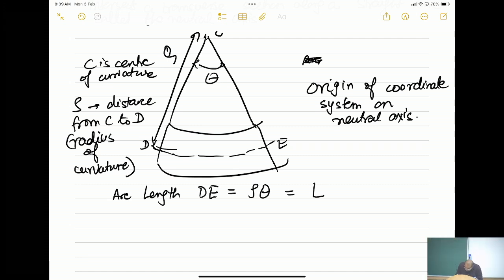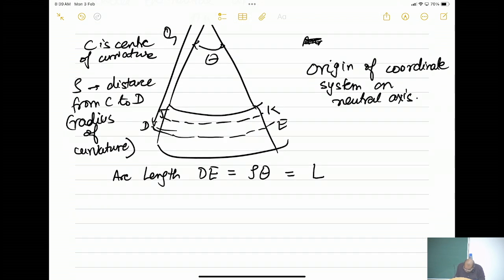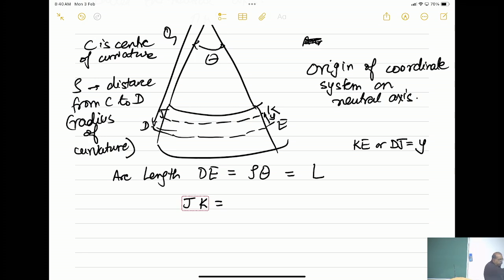Now let us look at a section slightly above. I call it J and K. So the arc length JK, now the distance KE or DJ is equal to Y, because now we are moving up from the neutral axis.